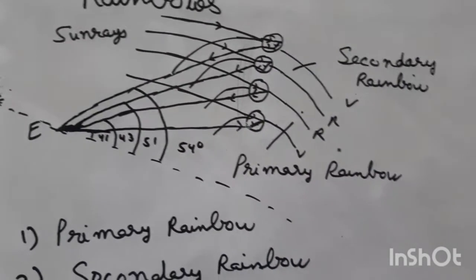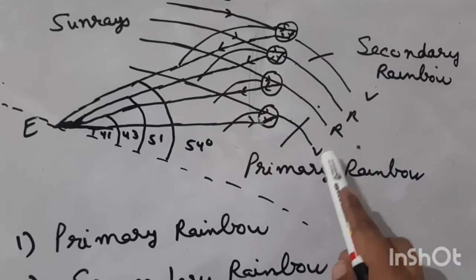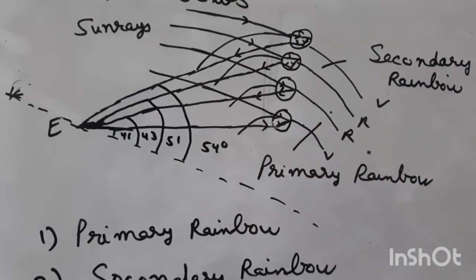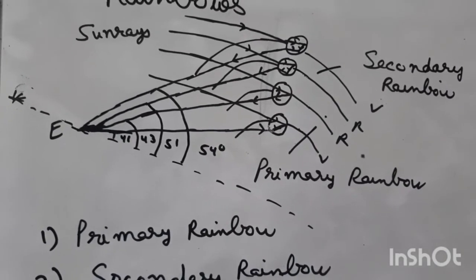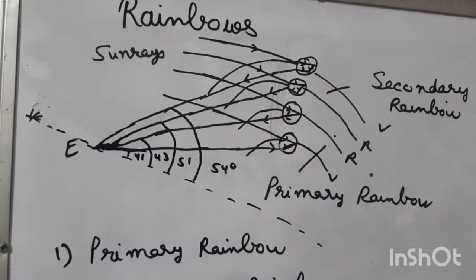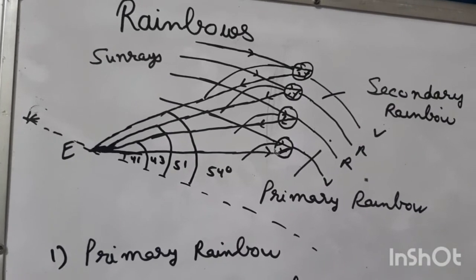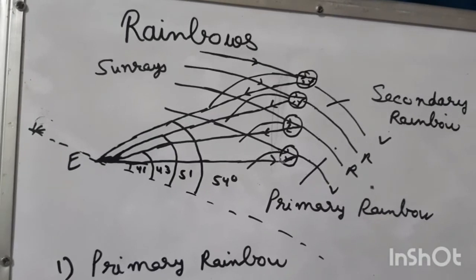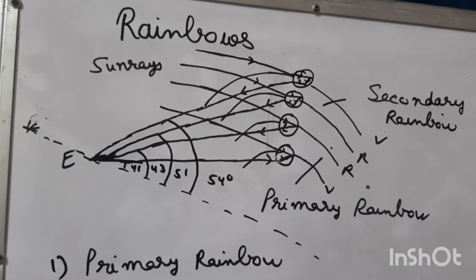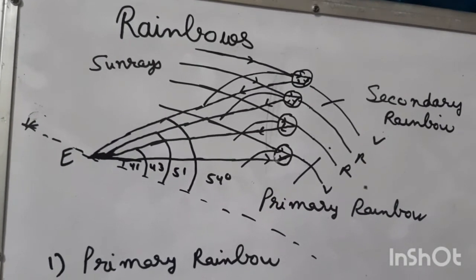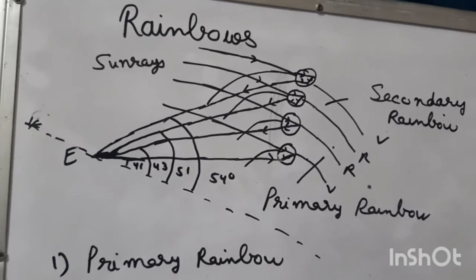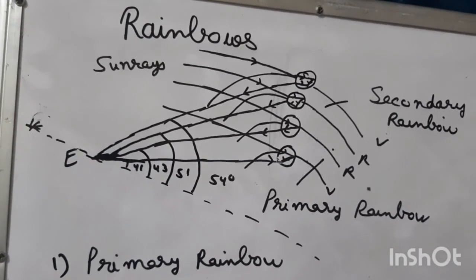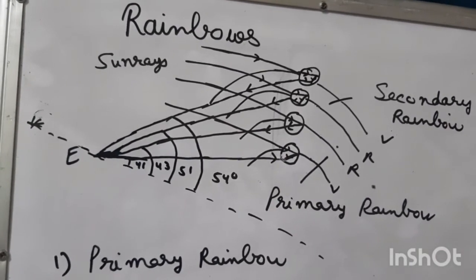So for the primary rainbow, the angle of the violet color is 41 degrees and that of the red color is 43 degrees, and for the secondary rainbow the angle for the red is 51 and violet is 54. Only when the light enters the eye at these angles after suffering either one internal reflection or two internal reflections, then only will we be able to observe the rainbow.